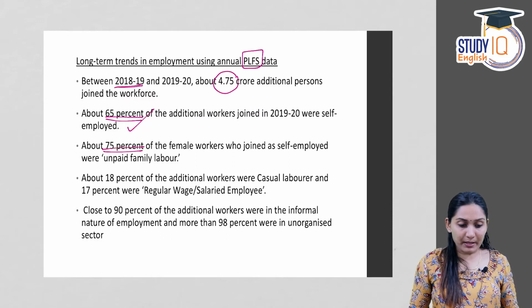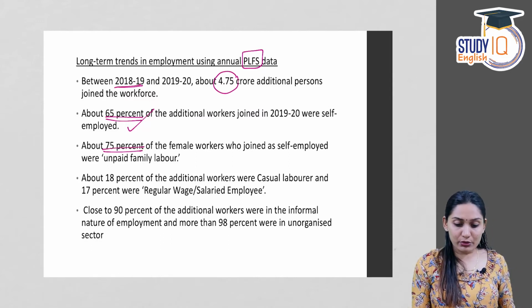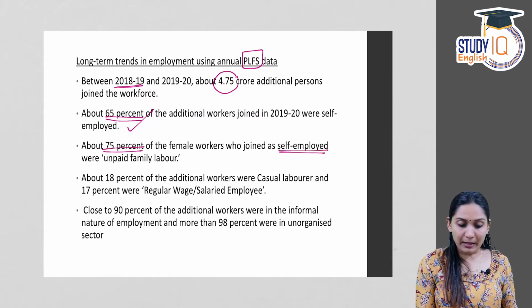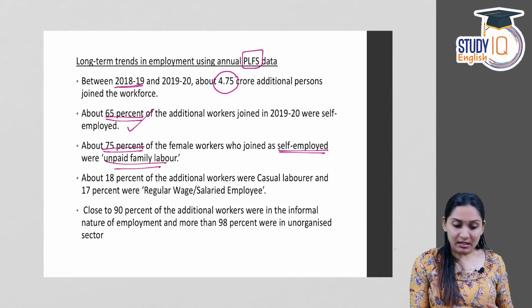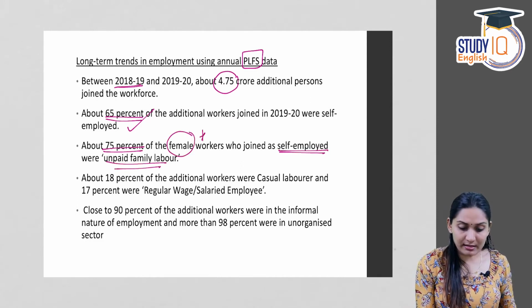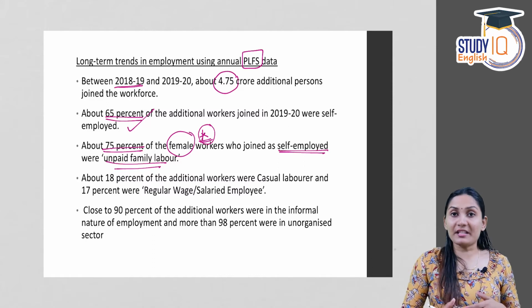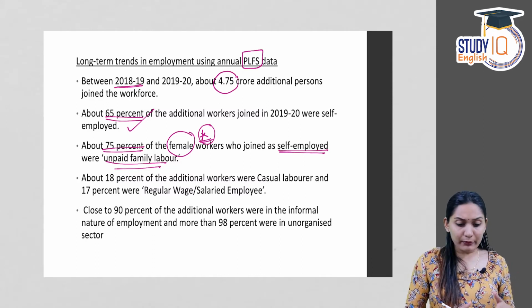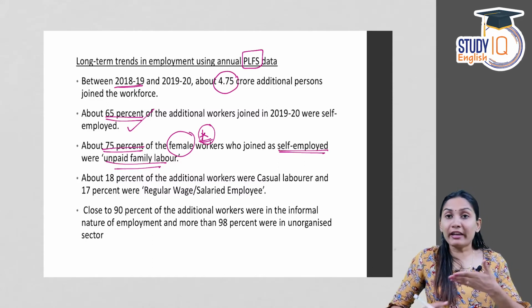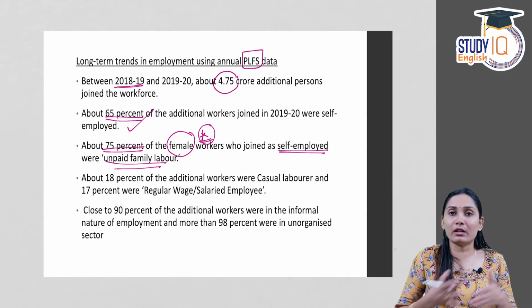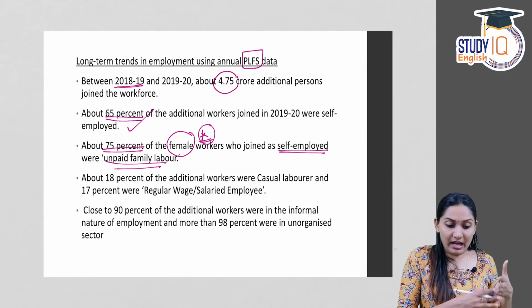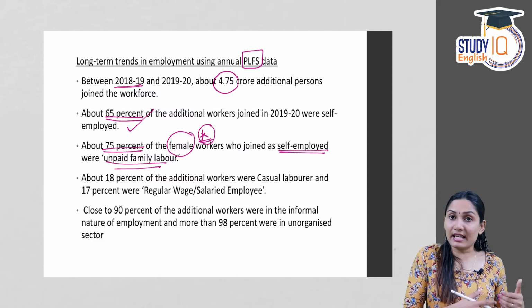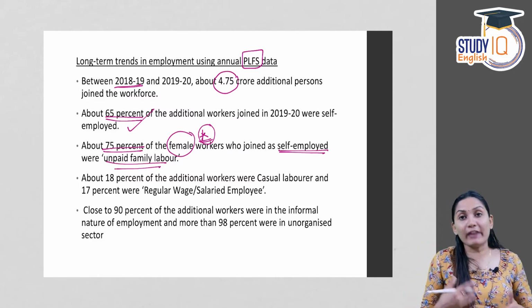About 75% of female workers who joined as self-employed are unpaid family labor. This is very important. This clearly shows the gender disparity in the labor force. That is, about 75% of female workers who joined the workforce as self-employed are unpaid family labor.